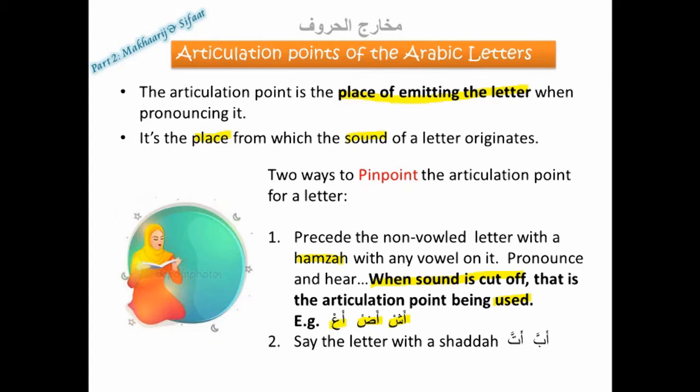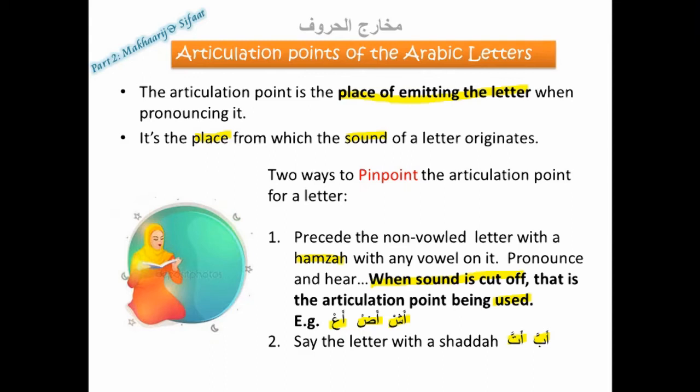The other thing you can do is say the letter with a shadda. Now this one would maybe be better because it's actually two letters, because shadda means double. Abba, for example, where I'm saying ab, that's where the sound is cutting off, that's the makharij of ba.